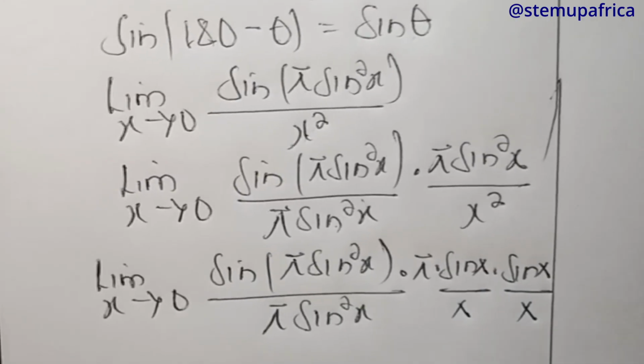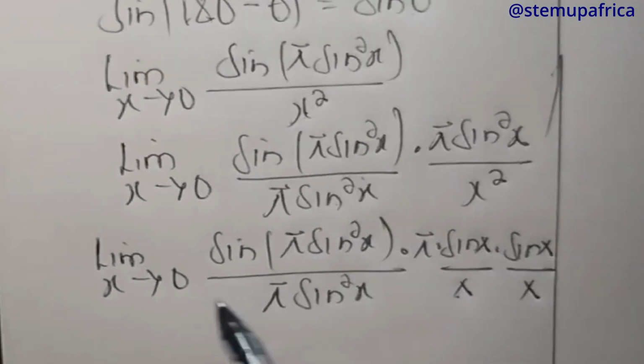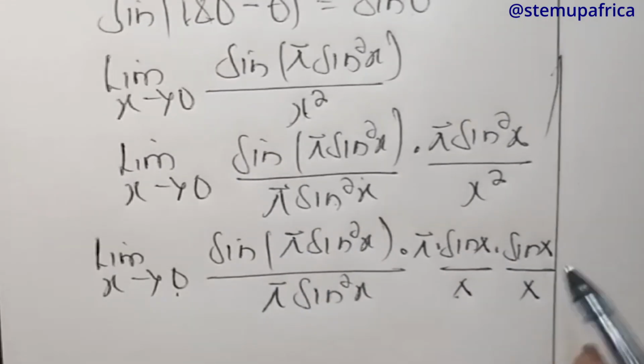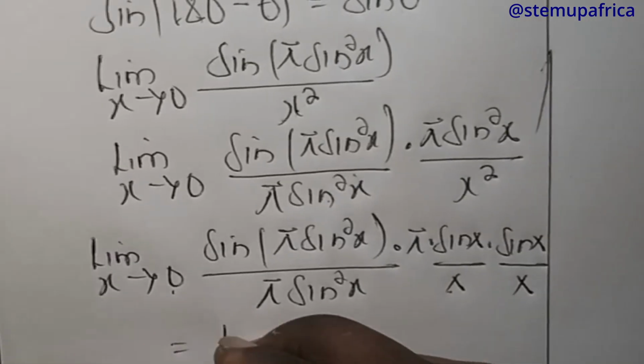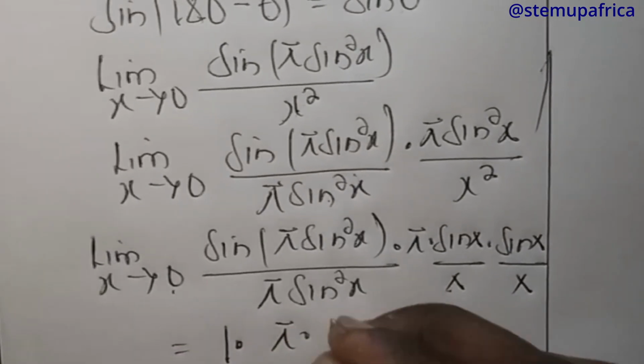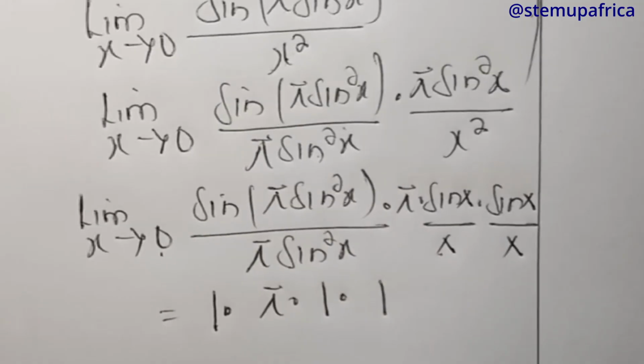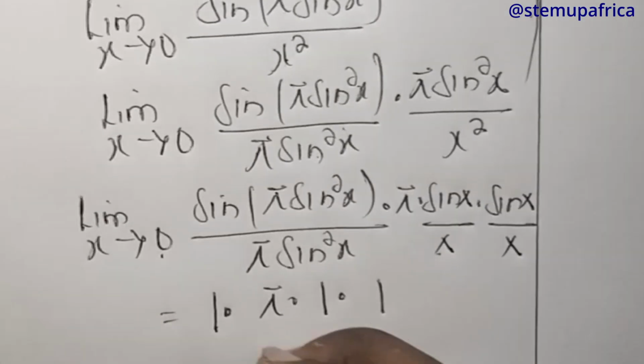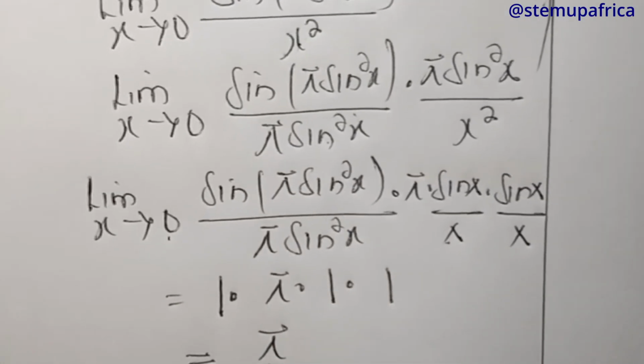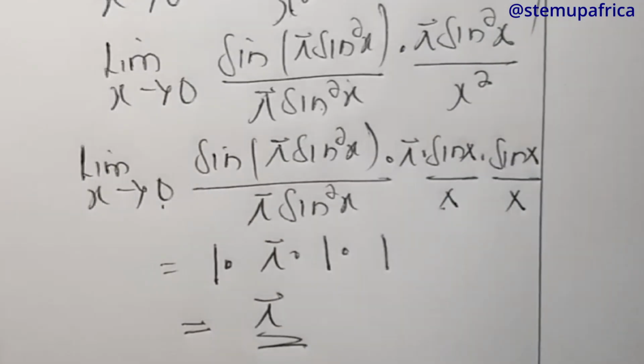So we can achieve our special limit in both cases. Sine x over x, when x tends to 0, is 1. The whole of this is 1, and this is 1. So I'm just left with 1 times pi times 1 times 1. If I multiply, I'm just left with pi. So the limit of this solution is simply pi.